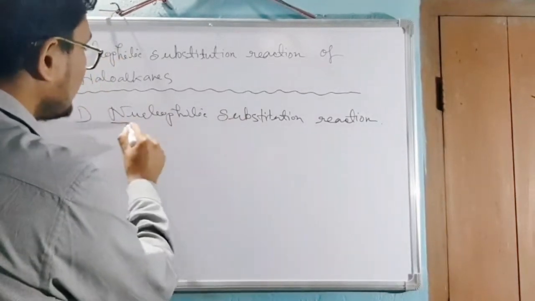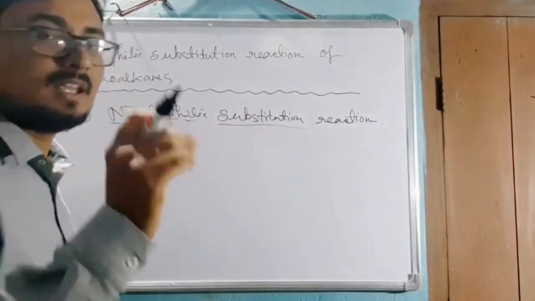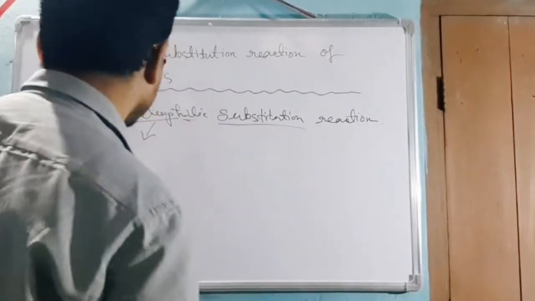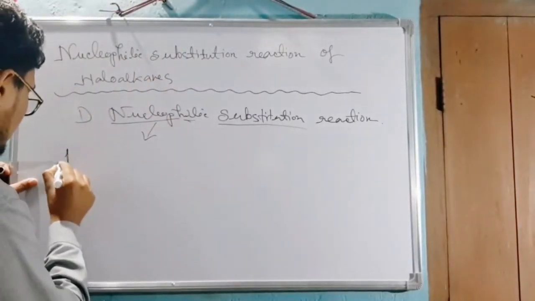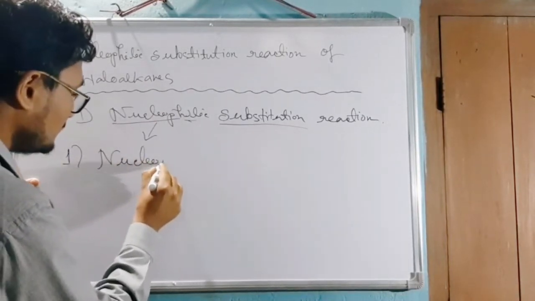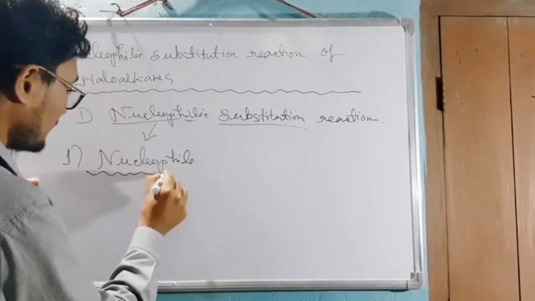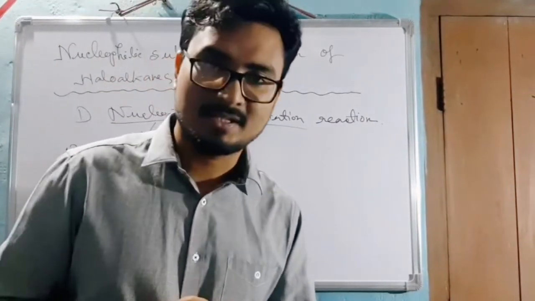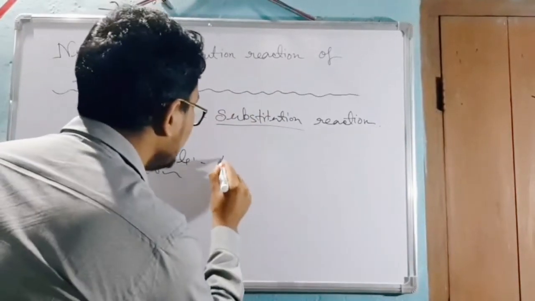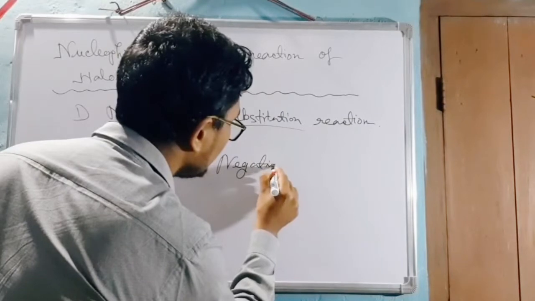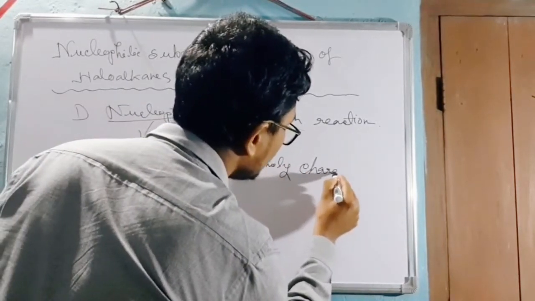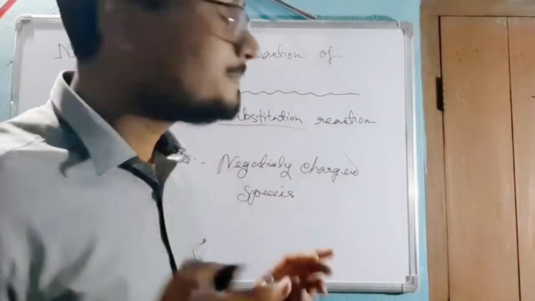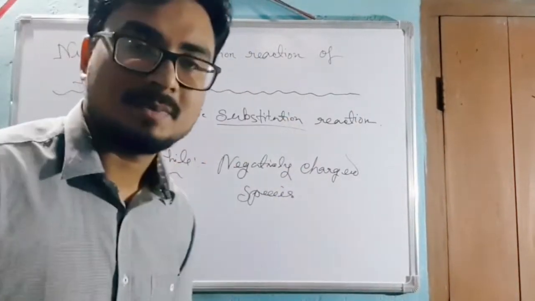Here we see there are two terms, nucleophilic substitution. We need to know what is nucleophile and what is substitution. First of all, nucleophile. Nucleophile is nothing but a negatively charged species, or we can say it is a nucleus loving species.